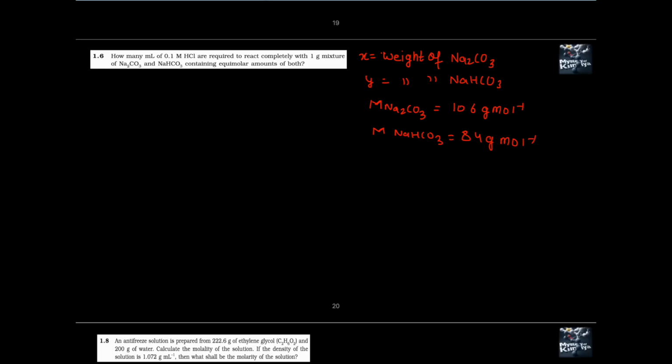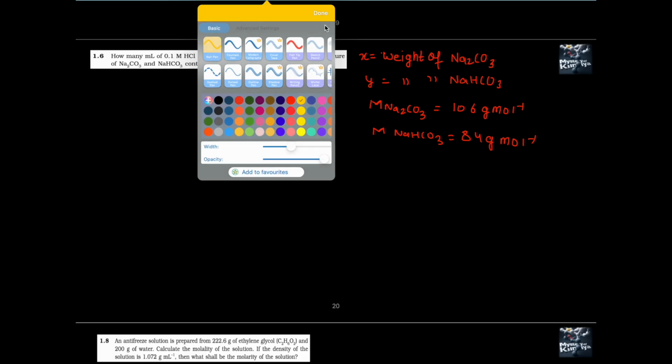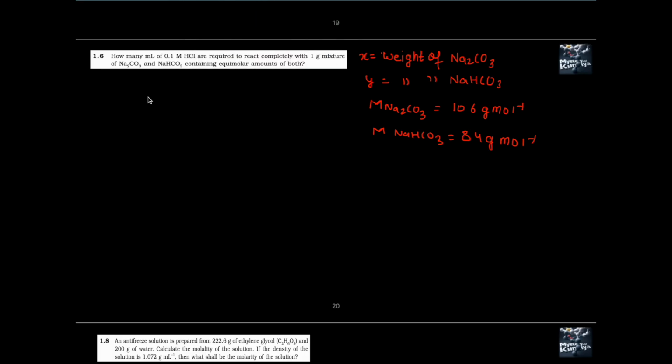So they have given us a 1 gram mixture of both, so we can write x plus y is equal to 1, right? And they have also given that the moles of both the components are equal, so we can write moles of Na2CO3 is equal to moles of NaHCO3.